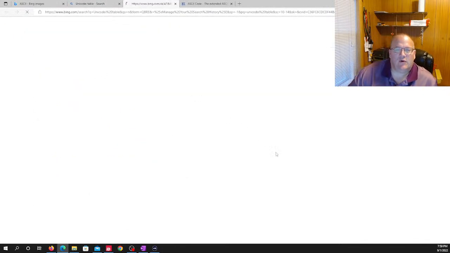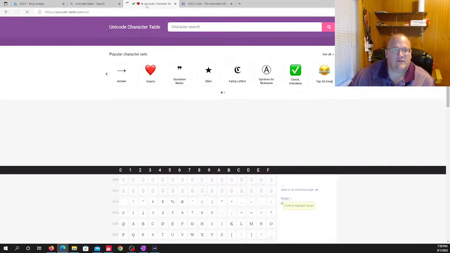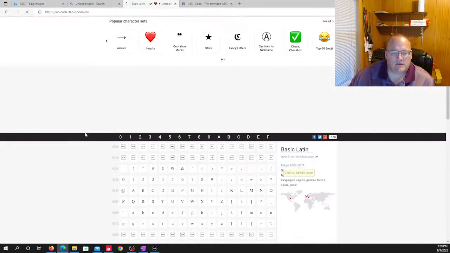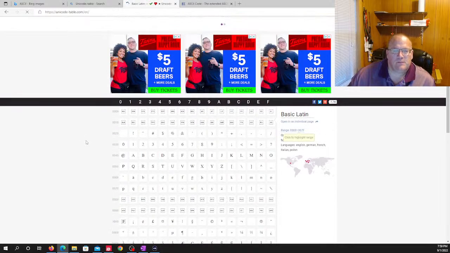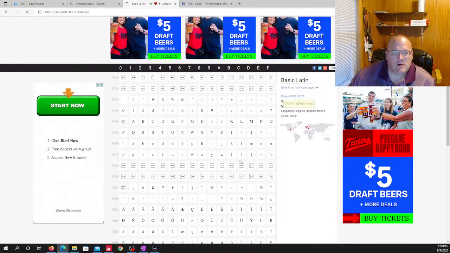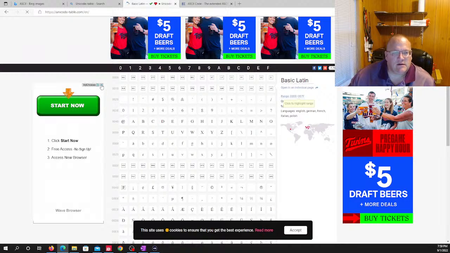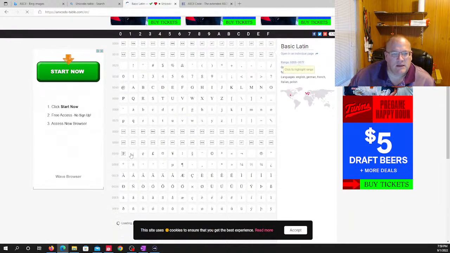A Unicode table. Oh, it even has a heart right in the name. So this at the beginning, I don't even want to click on that, is the same, right? So these characters are all the same. Yeah. So this is right. Well, 3 zeros actually.